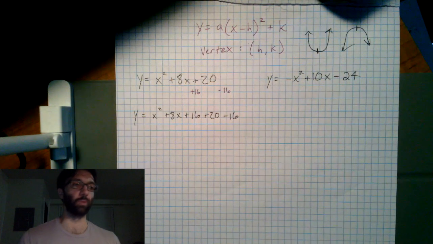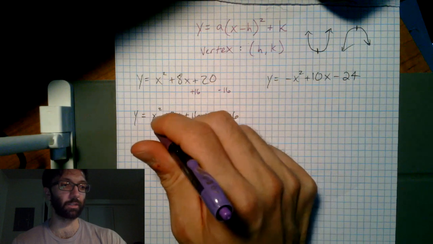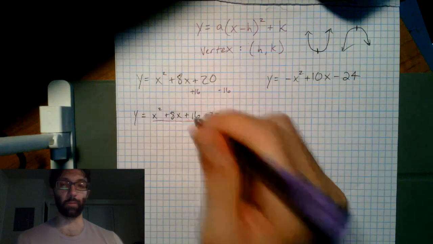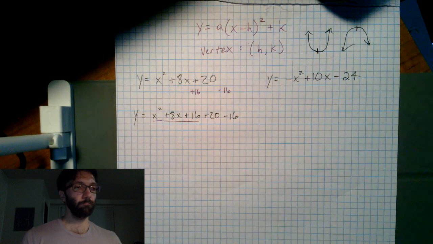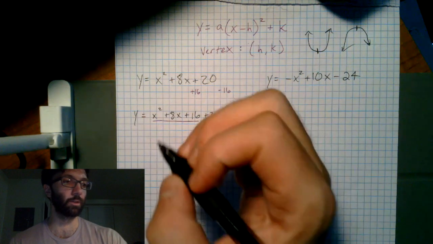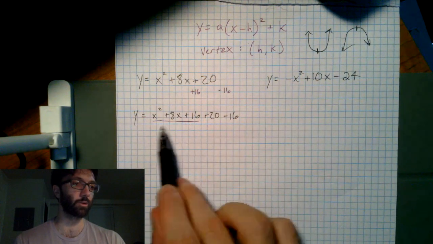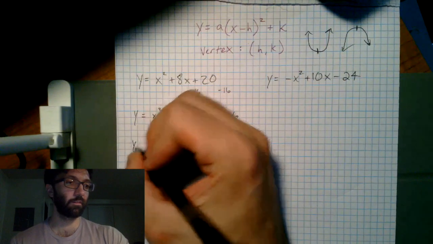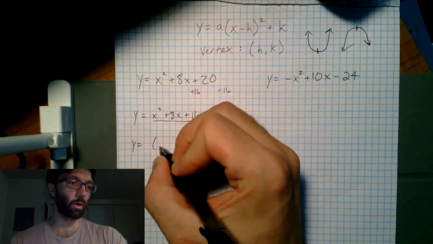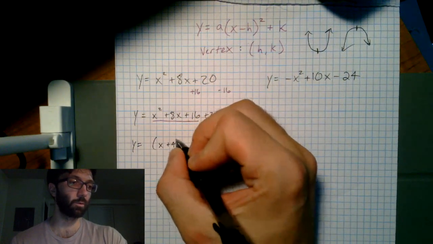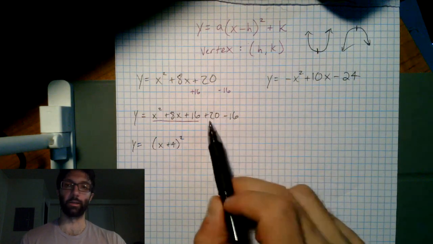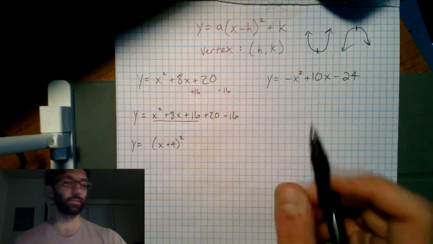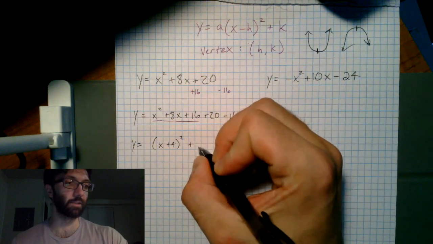And now the reason we did this is because now this gives me a perfect square trinomial that I can factor. All right, and so this perfect square trinomial factors into the quantity x plus 4 squared, and then I can combine the positive 20 and negative 16 to give me positive 4.